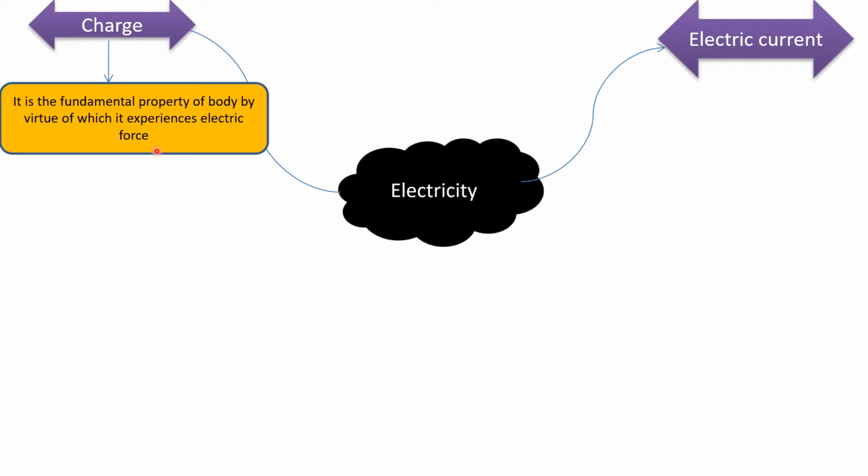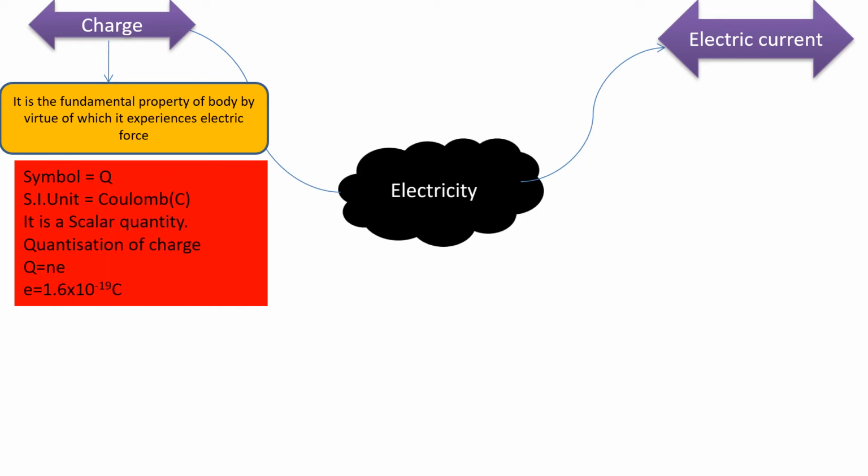Yes, we have learned that it also experiences magnetic force, but that force is experienced only when these charges are in motion. So that we are going to study in detail in chapter 13, that is magnetic effect of electric current, that whenever charges are in motion, they experience magnetic force as well. So basically we'll define it as a fundamental property of body by virtue of which it experiences electric force.